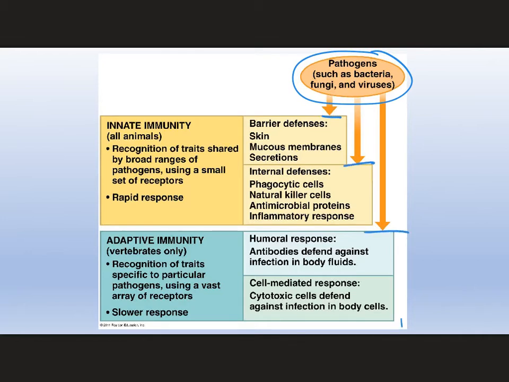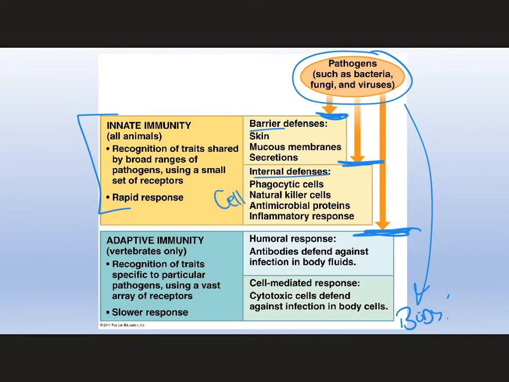So we can think of it like, here's your body down here, and all these layers of defense are there to try to keep the pathogens from getting in and causing an infection. All animals have this innate system, which defends against all kinds of pathogens. It involves barriers and also cellular defenses, which is what this part is down here.